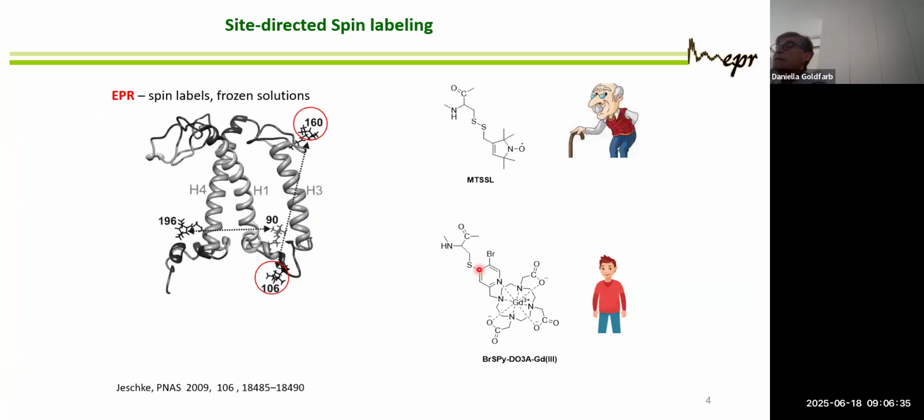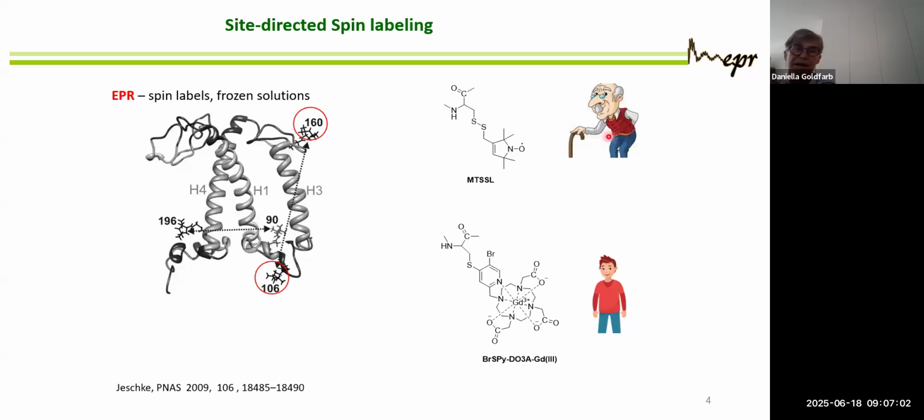If you want to work with proteins, usually they are not paramagnetic, so where are your spins? So you use spin labels. You see this is a pretty old paper from 15 years ago, and here is the protein. You put your labels. These are nitroxide, and this is the MTSSL spin label that has been around many, many years, so it's still old but kicking.